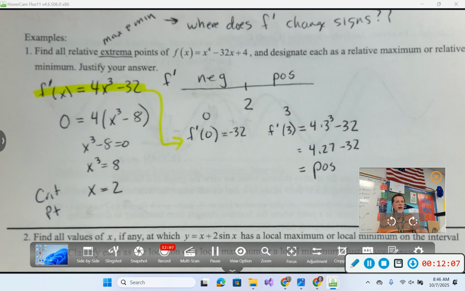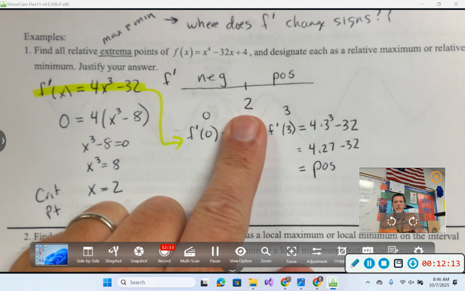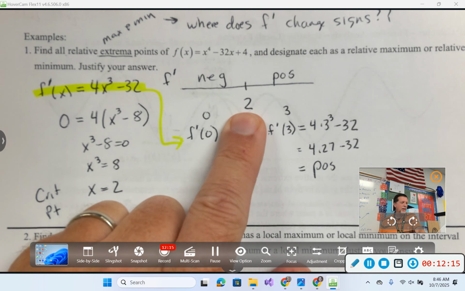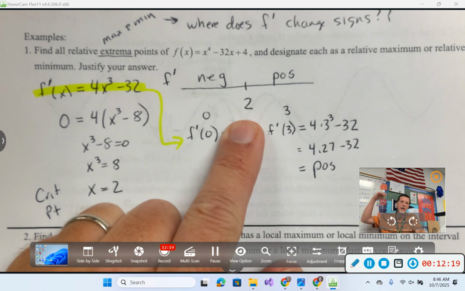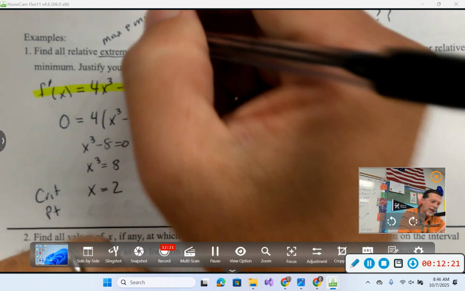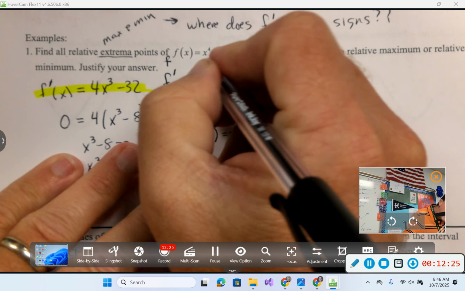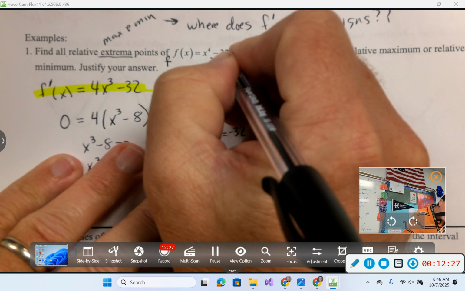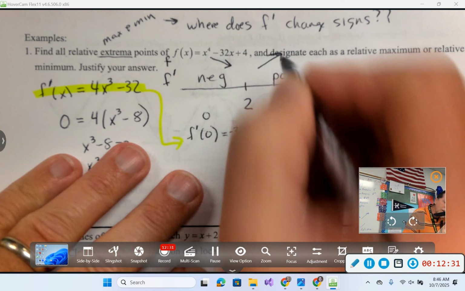So f prime changes from negative to positive at x equals 2. What does that mean is happening at 2? I have to draw it out or see it in my head. Some people even put another row for f. If f prime is negative, then f is decreasing. If f prime is positive, then f is increasing.